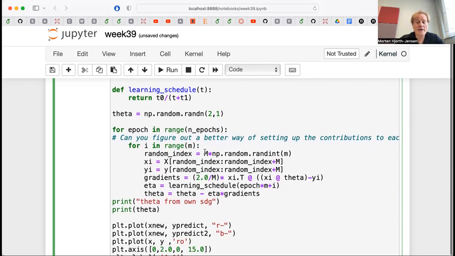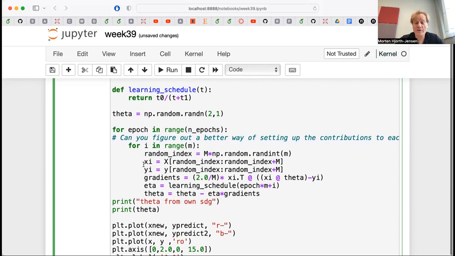And now what I'm doing here is setting up a loop over the number of epochs. This is the number of times I'm going to repeat the calculations. I'm going to run over the whole range of batches. And now I fix a random index, which sets up the data points which I'm going to use.